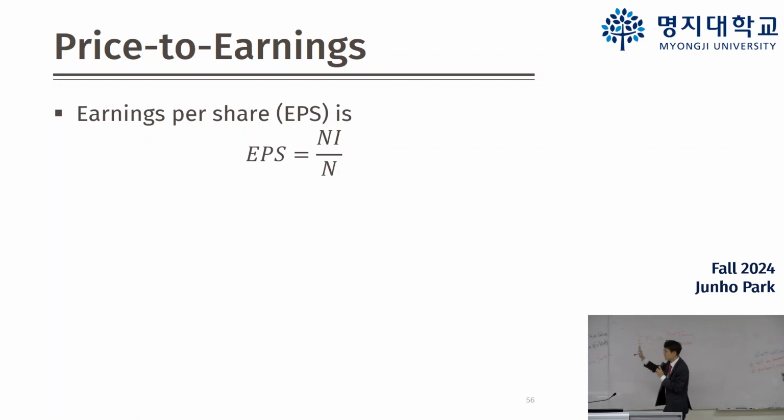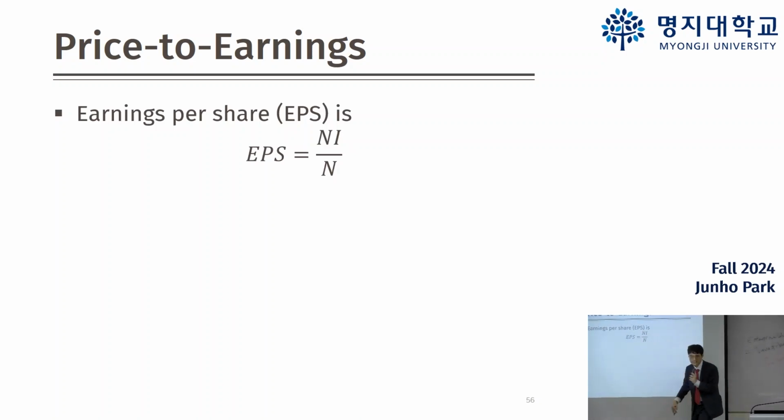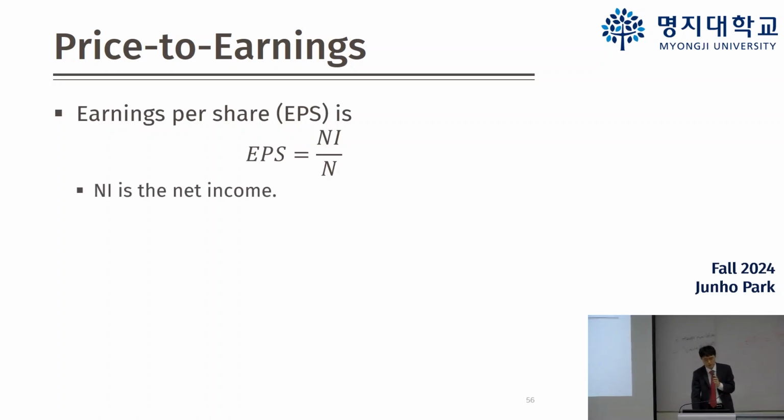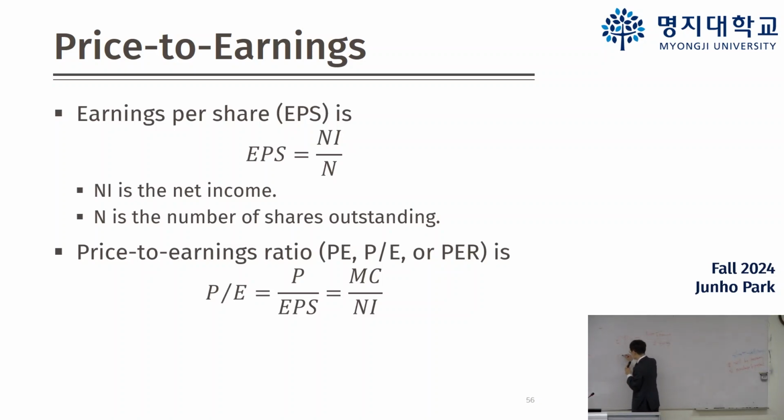Here in my slide, NI represents the net income and N represents the number of shares. And then the price to earnings is the stock price divided by the EPS, earnings per share.